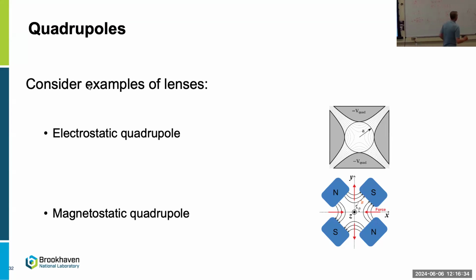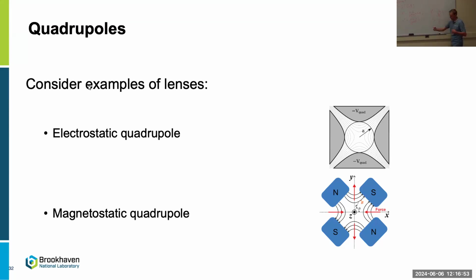And by the way, if the quadrupole has a finite length L, then within this length you have to solve this equation.